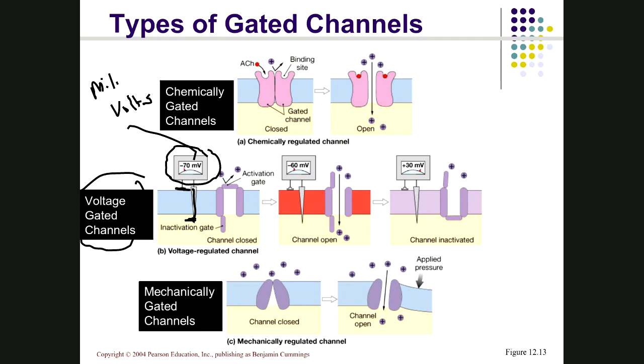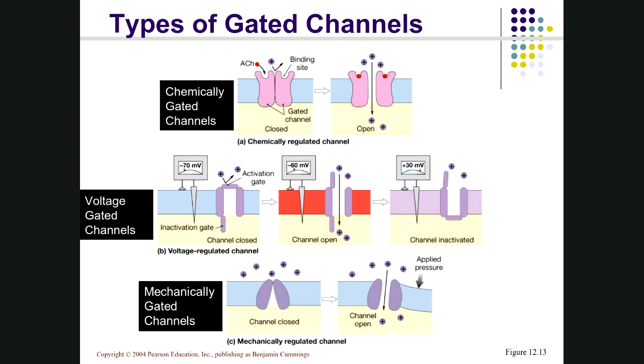Milli means thousandth. So it's not 1 volt, it's a thousandth of a volt. So it's not very big, but look, this one has 70 millivolts. So that is 0.07 volts.